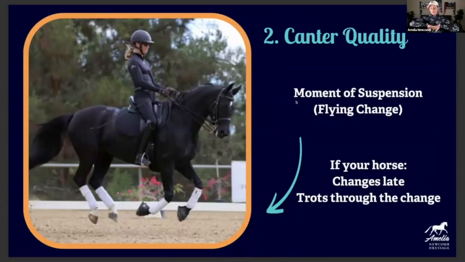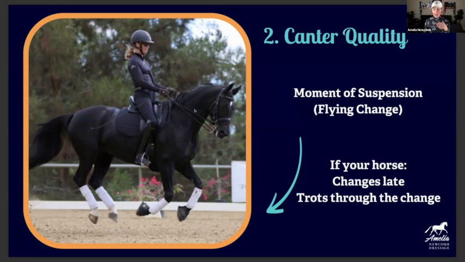So remember in the video and also in the definition of flying changes that the flying change happens during the moment of suspension. And I love this picture of Natasha. You can see how she's airborne. If you got here early, you probably saw some clips of my musical freestyle that I did with Natasha.